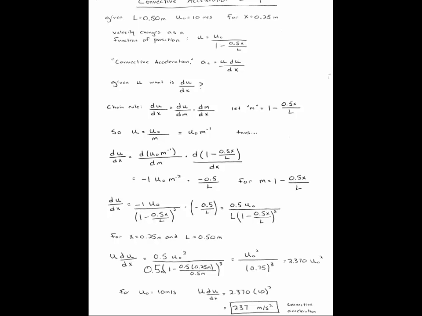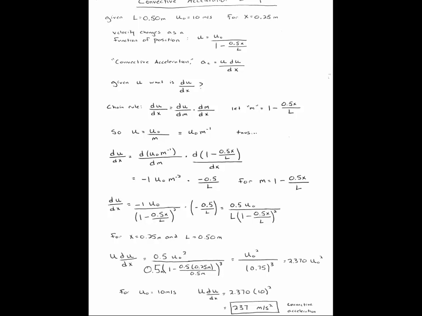So then we know that for m equal to 1 minus 0.5 x divided by L, du/dx is negative 1 times u naught multiplied by u naught, 1 minus 0.5 x divided by L squared, times minus 0.5 divided by L. Okay, so those are the two pieces.